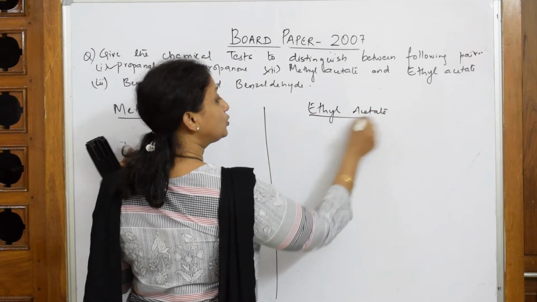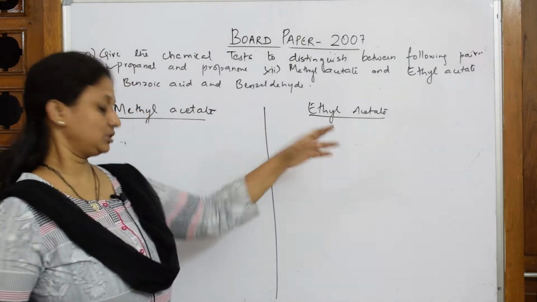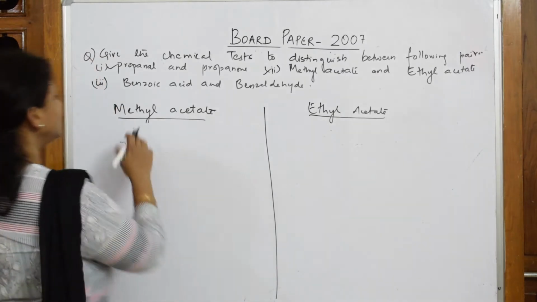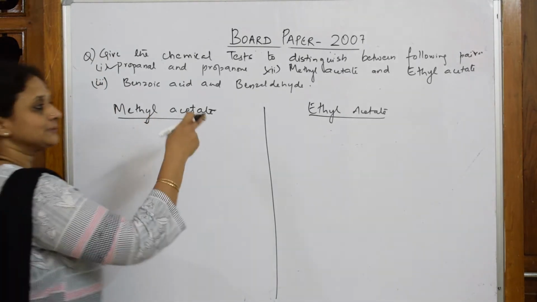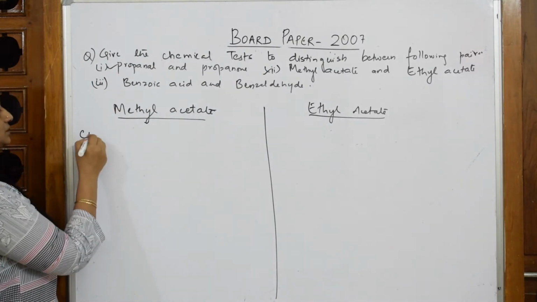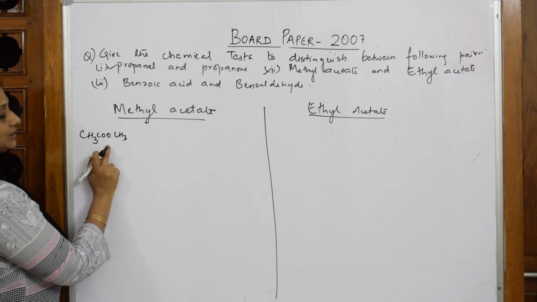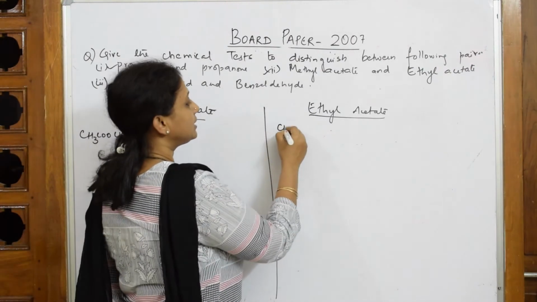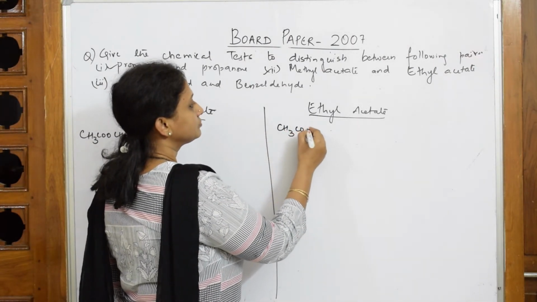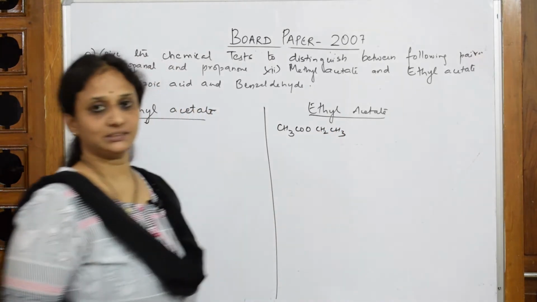Earlier you had two different functional groups, aldehyde and ketone, but here both are acetates, with differences only in the alkyl chain. Let us write the formula. Methyl acetate is this. Let us write for ethyl acetate. This is your ethyl acetate, correct?